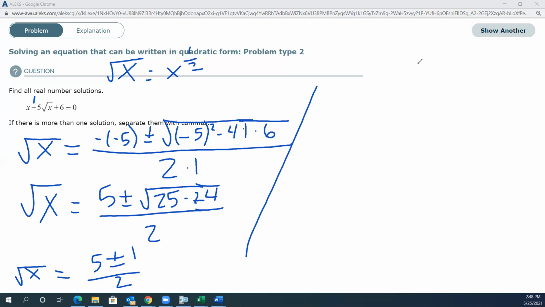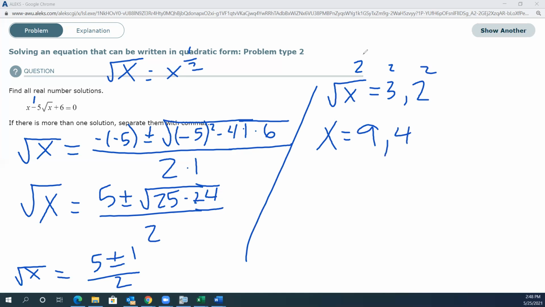So 5 plus 1 is 6, over 2 is 3. And 5 minus 1 is 4, over 2 is 2. So at this point, we are going to square everything to get that square root off the x, and we get 9 and 4.